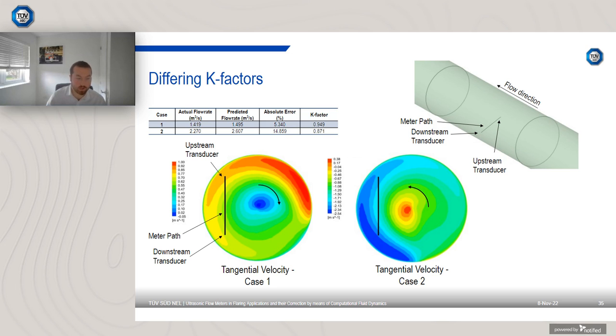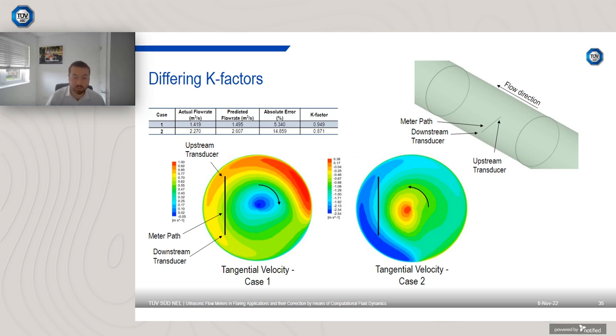This geometry of the path therefore means that for case 1 the flow is moving away from the meter, but for case 2 the flow is moving in the direction of the meter path. Therefore the path in case 2 is continually affected by the swirl of the flow. And it also happens to be for case 2 that the swirl is strongest at the point of metering, therefore affecting the meter readings even more.